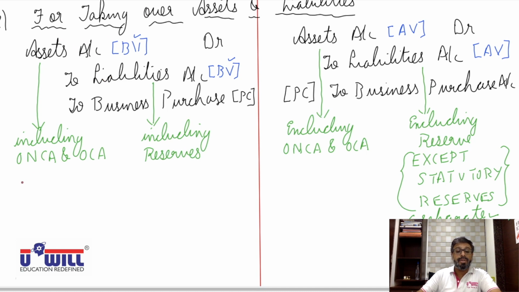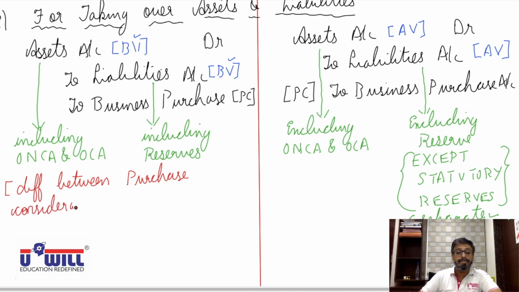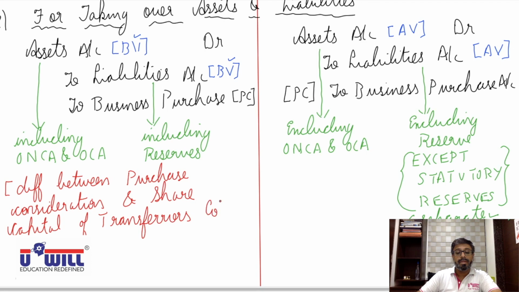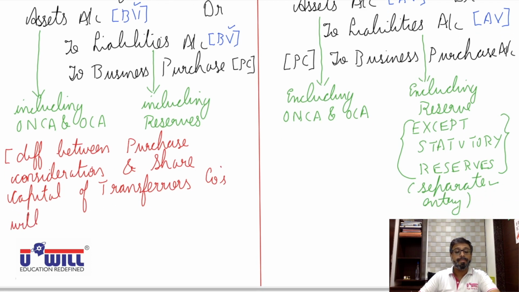In pooling of interest method, any difference amount remaining between purchase consideration and share capital of transferor companies will be transferred to profit and loss account.